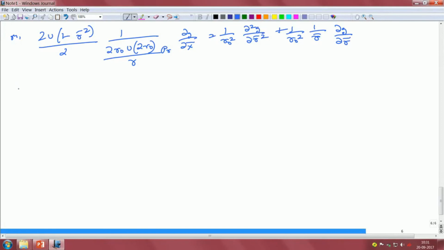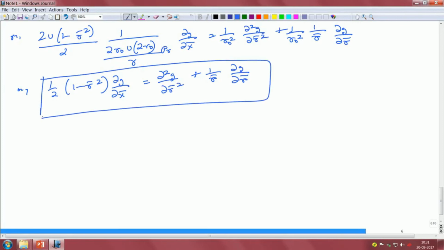Okay, or in other words, half plus 1 by r bar dg by dr bar, right. So, that is the final form of the expression that you have.